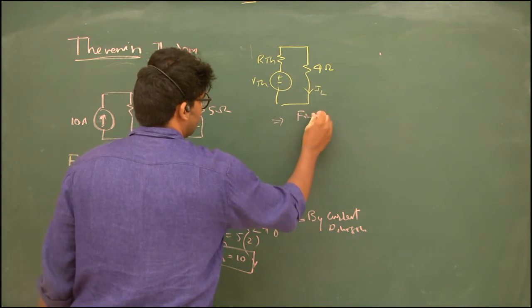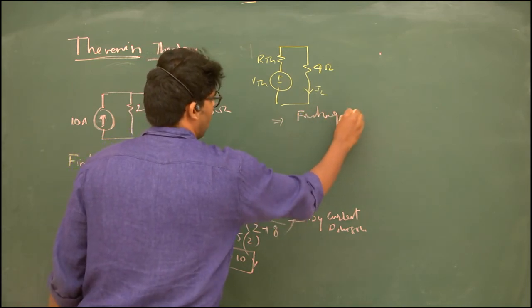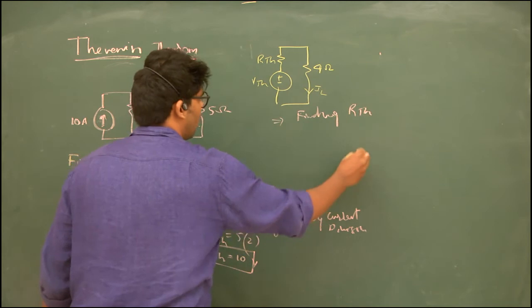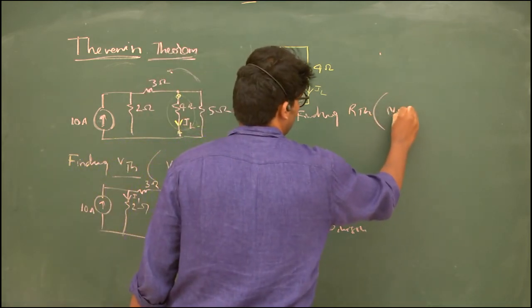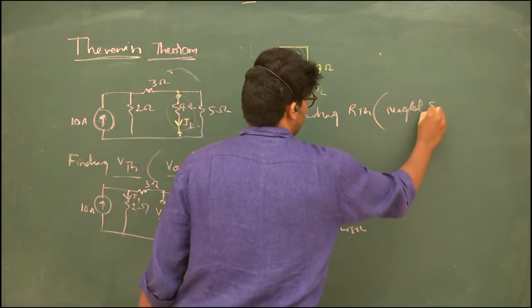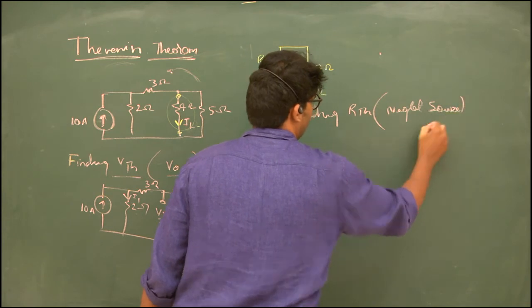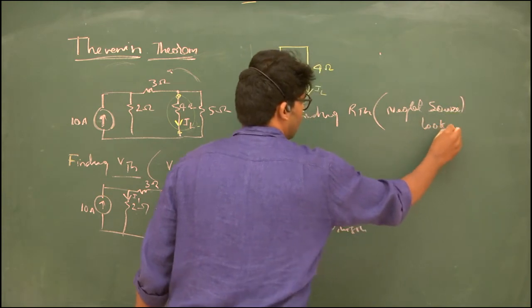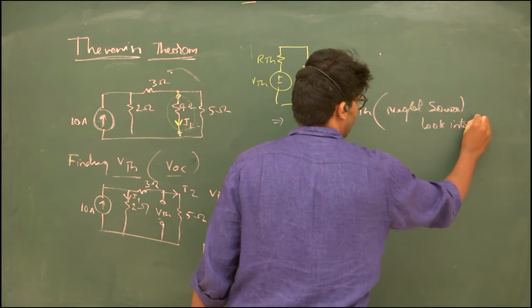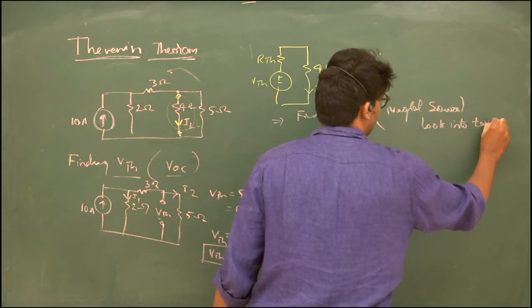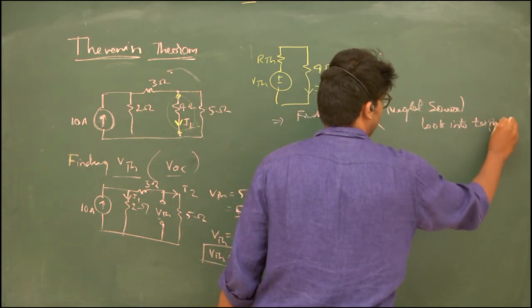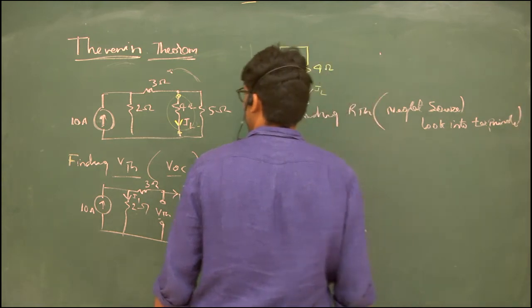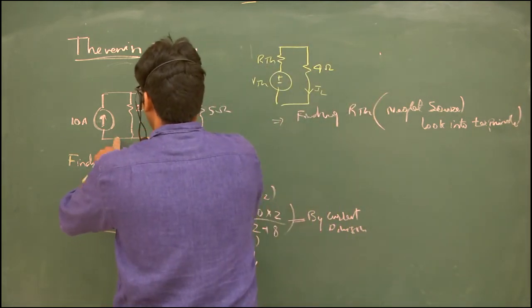For finding RThevenin, what you will do is neglect sources and look into the terminals, the open terminals. Okay. So the source we have is a current source.